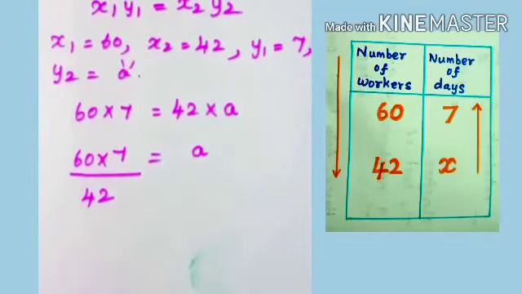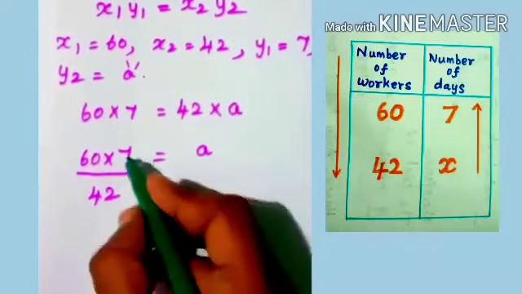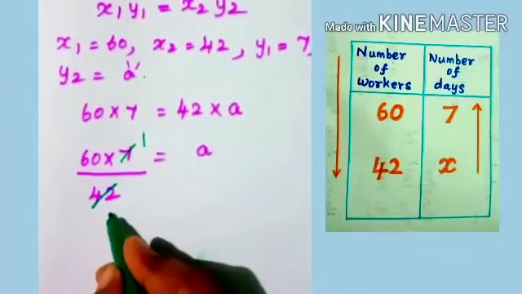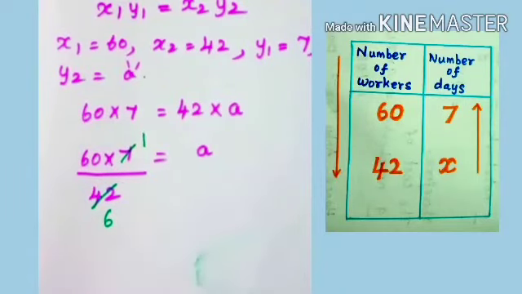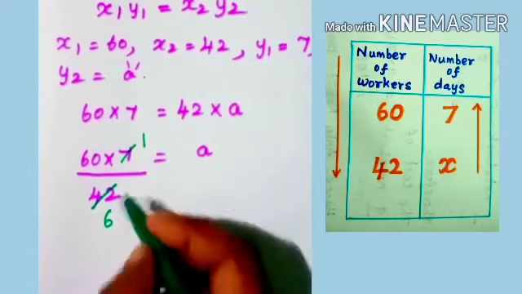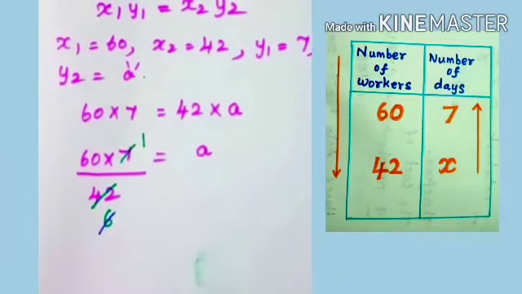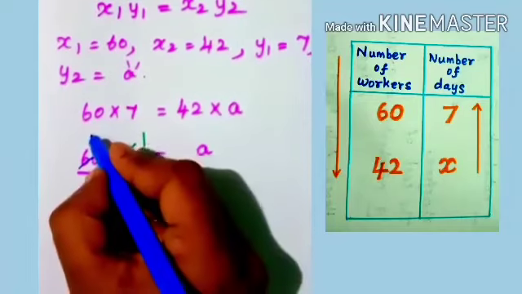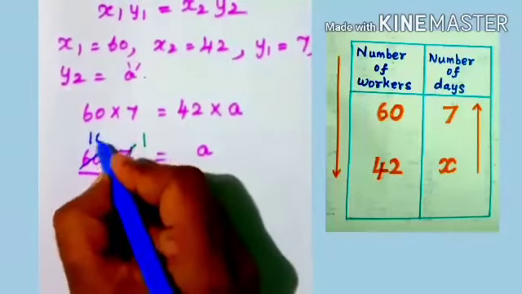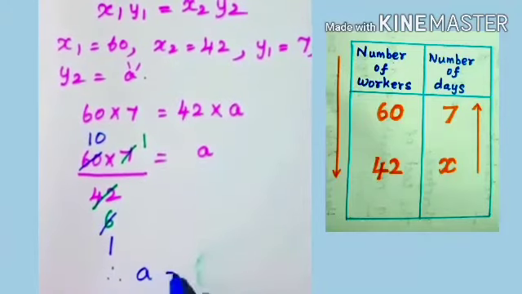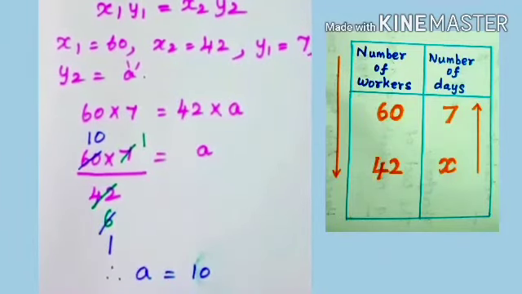Now cancelling 42 and 7, we get 1 and 6 times. 6 sevens are 42. And again when we cancel 6 and 60, here it is 1 time and in the numerator it is 10 times. So the value of a is equal to 10.